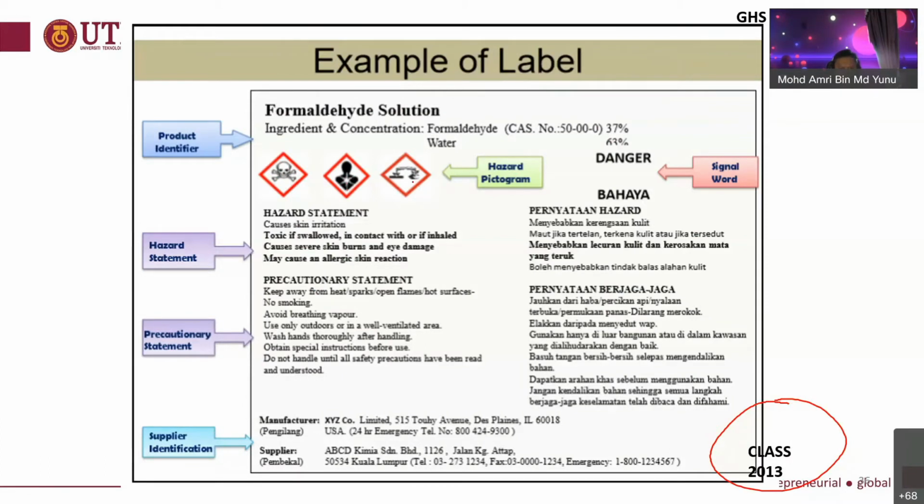And this pictogram is corrosive, showing liquid dripping on a hand, meaning corrosive. Hazard statement, precautionary statement, supplier identification, CAS number. So this is the minimum, but this is not complete.